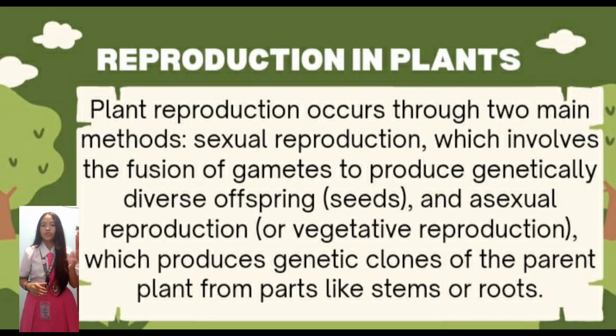Okay. So, let's proceed now to reproduction in plants. Plant reproduction occurs through two main methods. Sexual reproduction involves the fusion of gametes that produce genetically diverse offspring, and asexual reproduction produces genetic clones of the parent plant from parts like stems or roots.